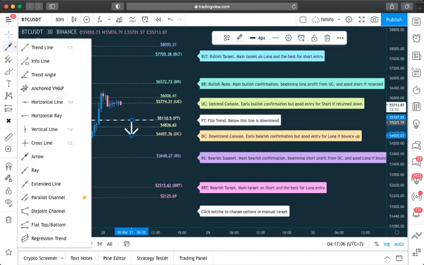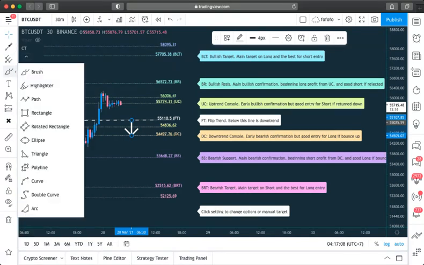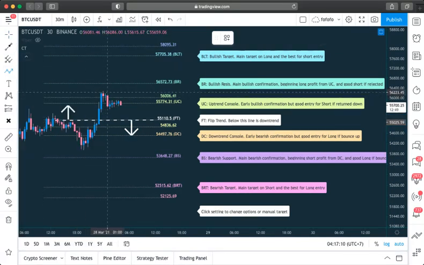If the market drops from the uptrend console below the flip trend area, and then they have a sideway around the downtrend area, we have to be careful because the consolidation in the downtrend area will test the bearish support.